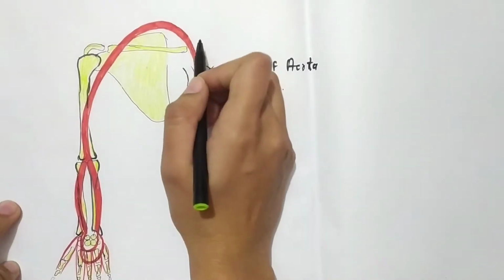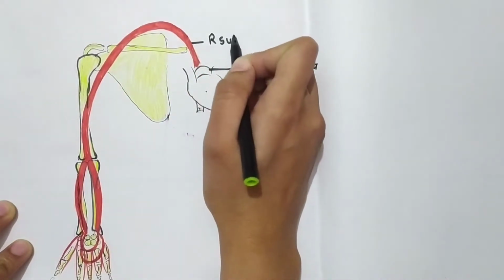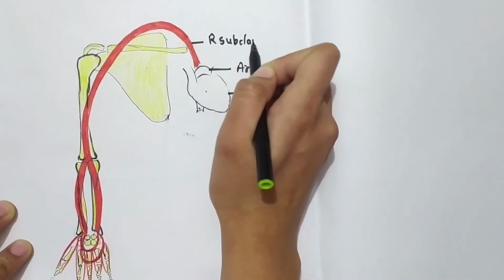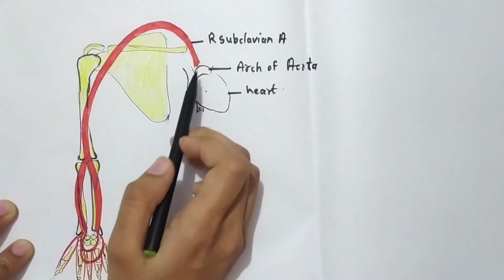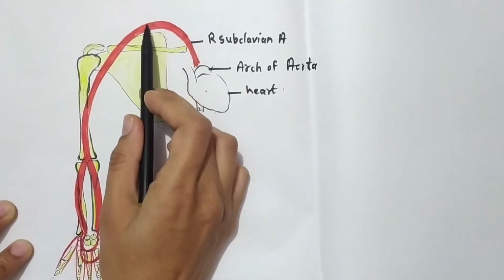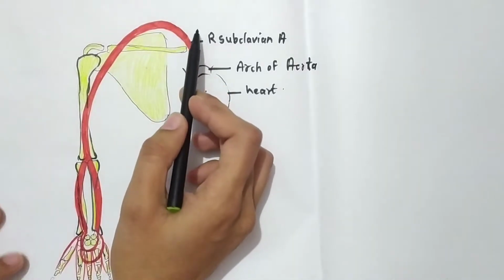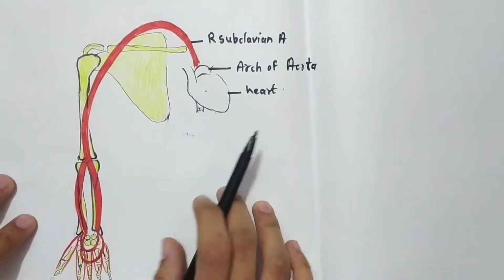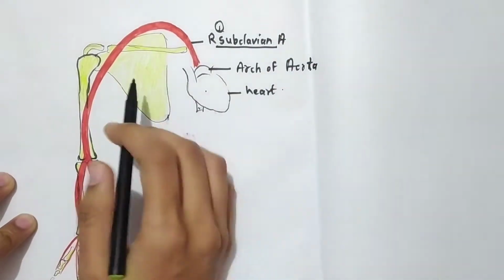So this one is right subclavian artery, which originates from here, goes up to this arm and supplies some muscles of arm and also some muscles of head and neck. So this one is the first artery of upper limb, subclavian.